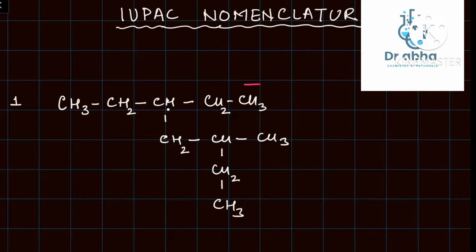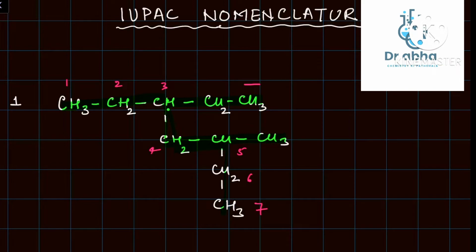If you take this part, you've got 6 carbon atoms. If you take this part, you've got 7 carbon atoms. So we will go for a 7 carbon chain. Now one way of counting is 1, 2, 3, 4, 5, 6, 7.